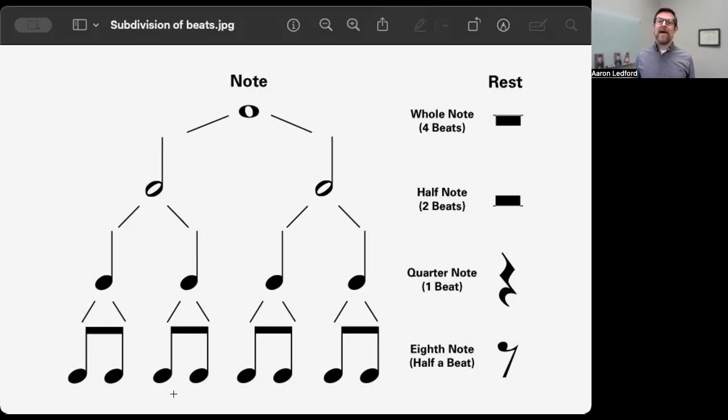If you think back to your elementary or middle school music days, you would count this one and two and three and four and. That's how that works. That's just a really brief reminder of how beats and rhythms work.